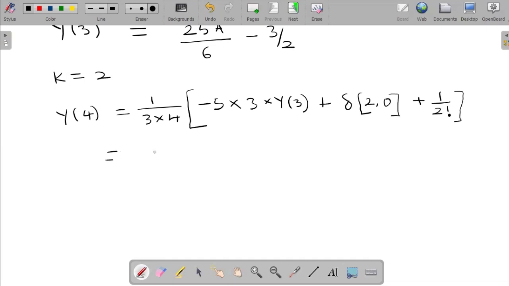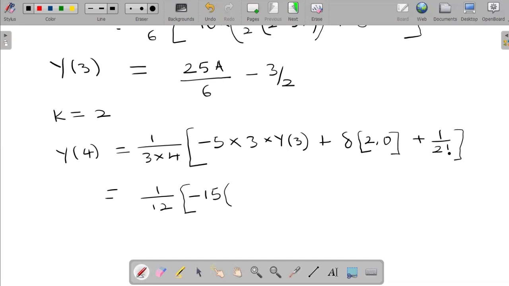So this gives us 1 over 12 into 15 multiplying our y of 3 here, which is 25a over 6 minus 3 over 2. This will be 0, k is greater than 0, plus 1 over 2.